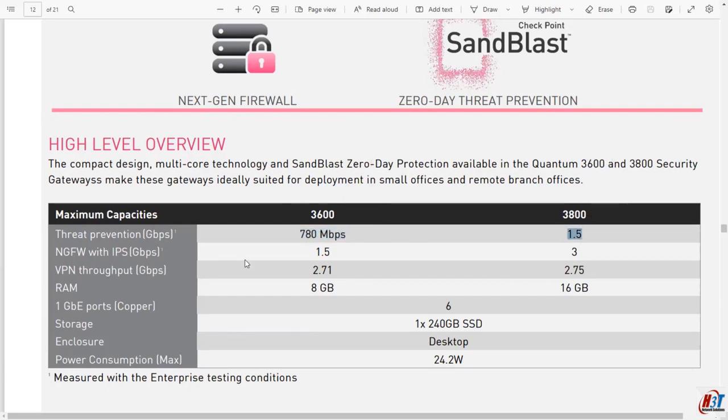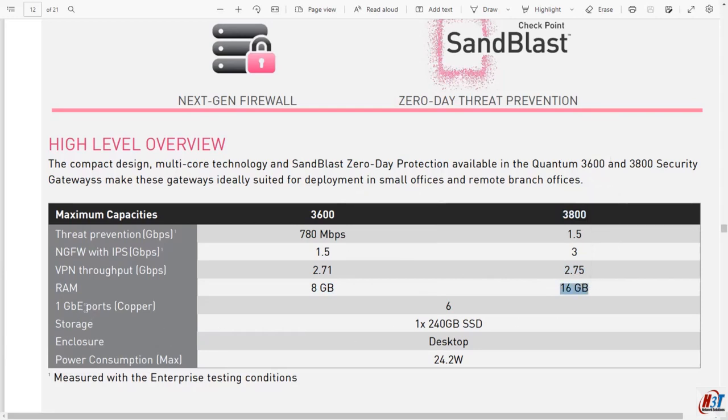Next generation with IPS, you have 1.5 Gbps here, and 3800 gets 3 Gbps. VPN throughput, you get 2.7 Gbps, and this one is 2.75 Gbps, so almost similar there. RAM, one of them, which is the 3600, gets 8 GB, 3800 gets the double, which is 16 GB.